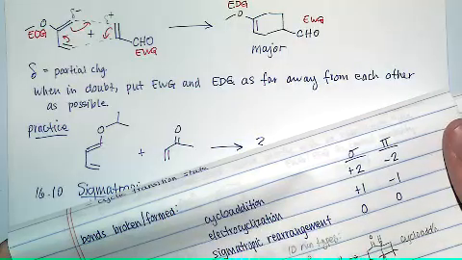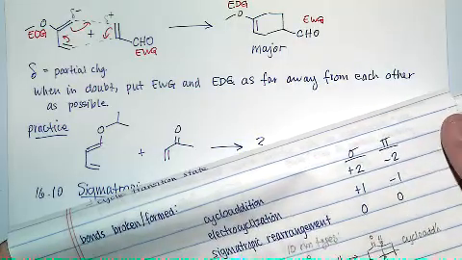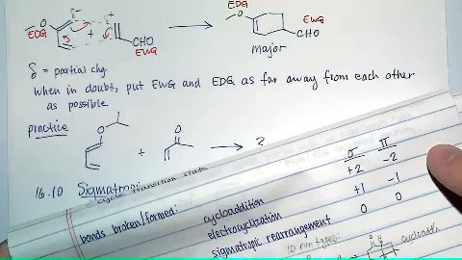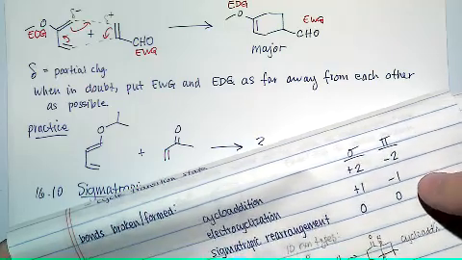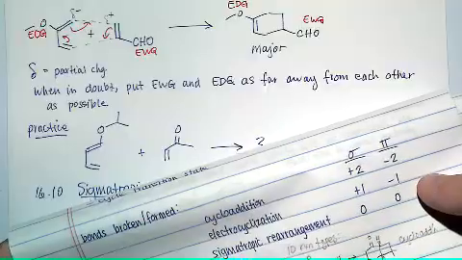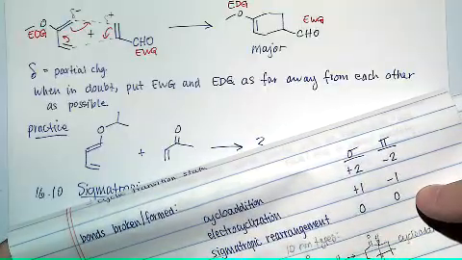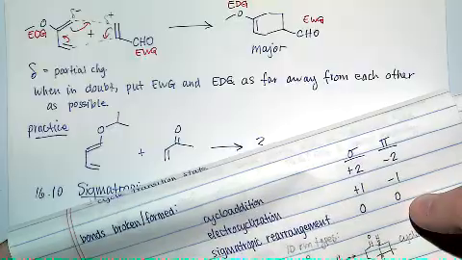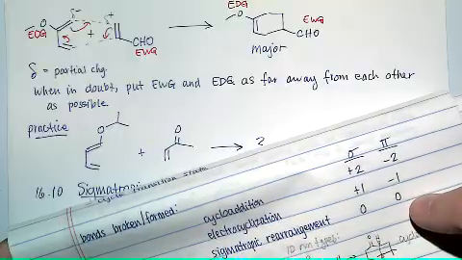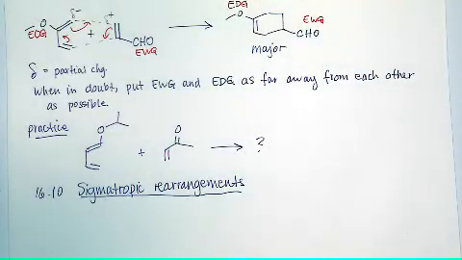Anyway, Diels-Alder is cycloaddition. So we add 2 sigma bonds that break 2 pi bonds. Electrocyclizations, we're going to skip talking about those in detail, but we are going to talk about sigmatropic rearrangements. And so we have no net change in the number and type of bonds in the molecule in a sigmatropic rearrangement.